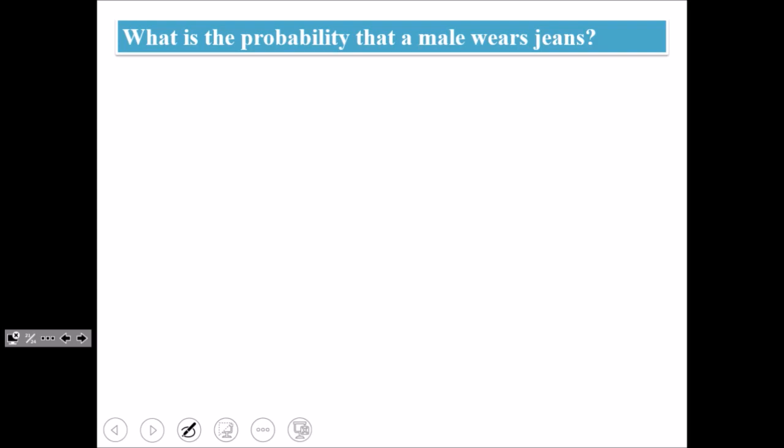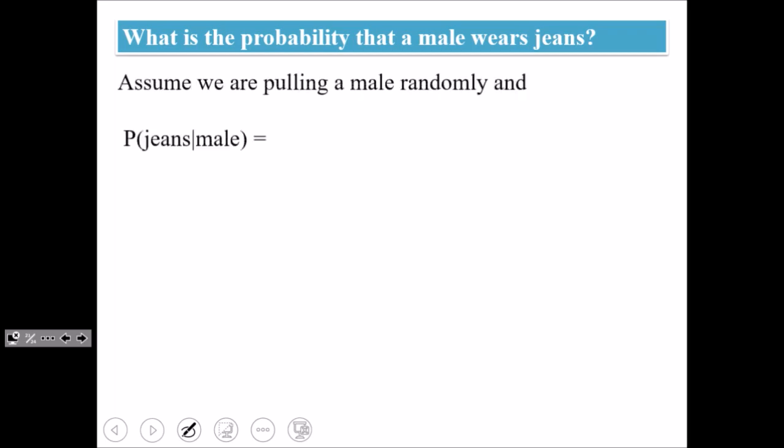So, what is the chance that a male was wearing jeans? Now, the wording of the question matters quite a bit on these. What is the chance that a male wears jeans? So in this case, we assume we're pulling a male at random. So we're looking for the probability they wear jeans given they were male.